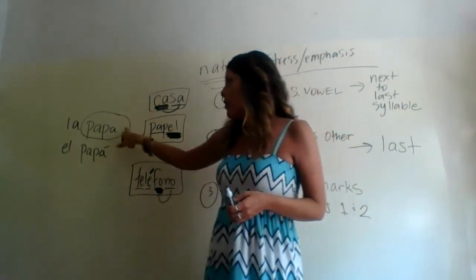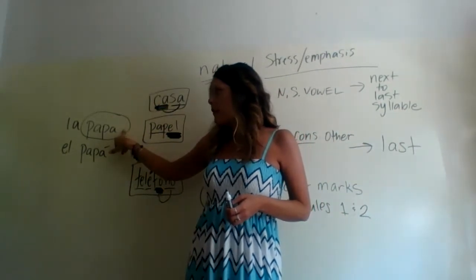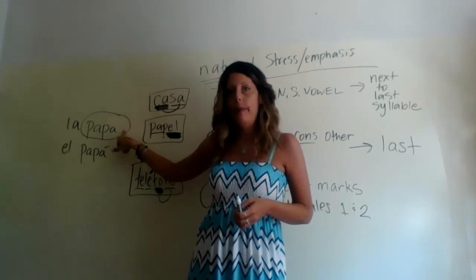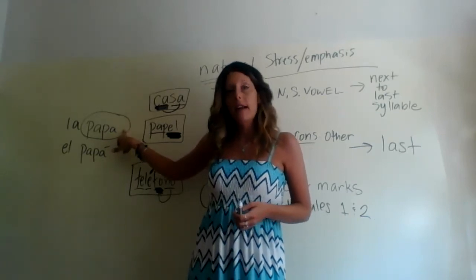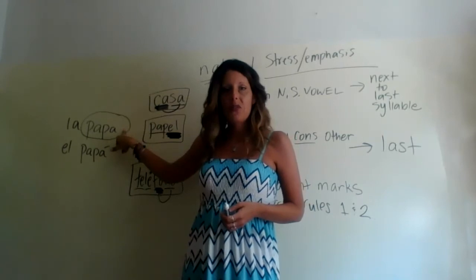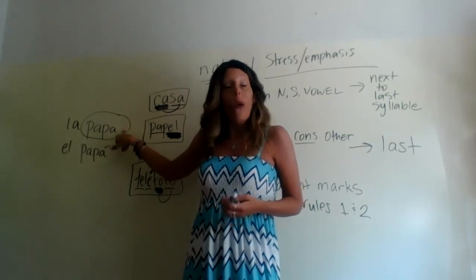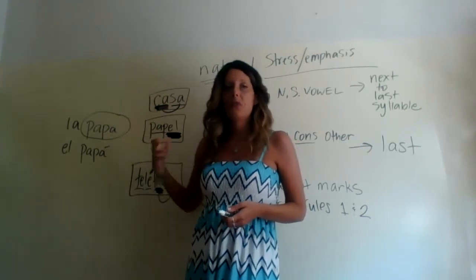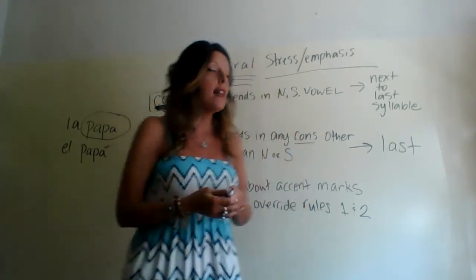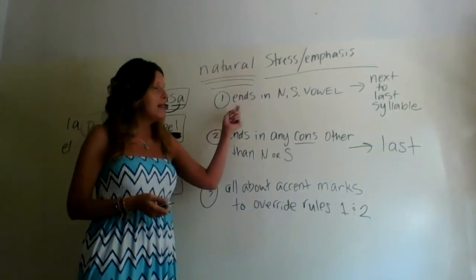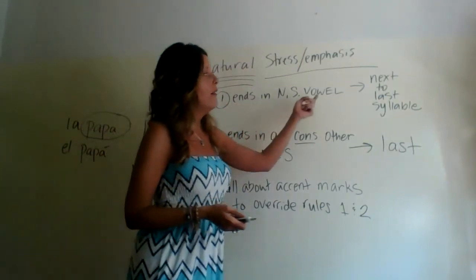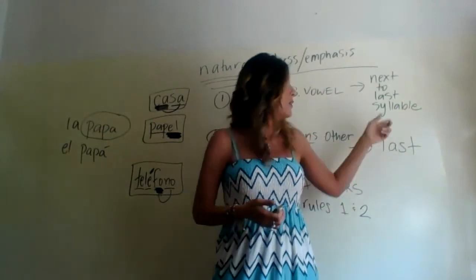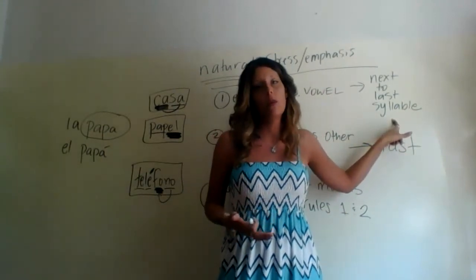So this word right here, you hear me pronouncing it papa, papa. Why? Because it naturally falls under rule number 1. Rule number 1 says if a word ends in an N, an S, or a vowel, then the natural stress when we have no written accent mark falls on the next to last syllable.